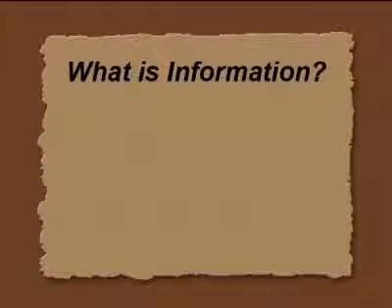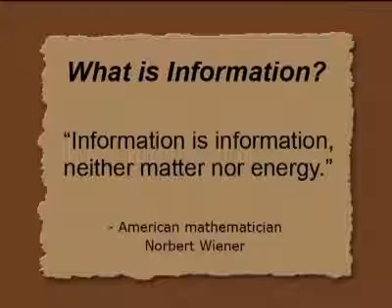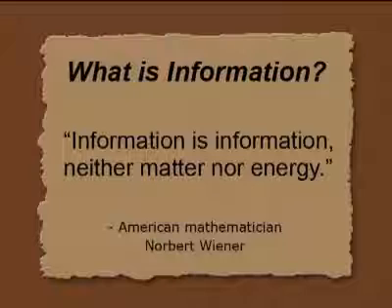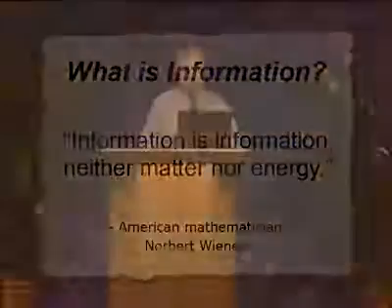What is information? The American mathematician Norbert Wiener said, information is information, neither matter nor energy. It's a very good statement. He said, information is not matter and information is not energy. But he didn't tell us what it is. And that's what I want to show you now.